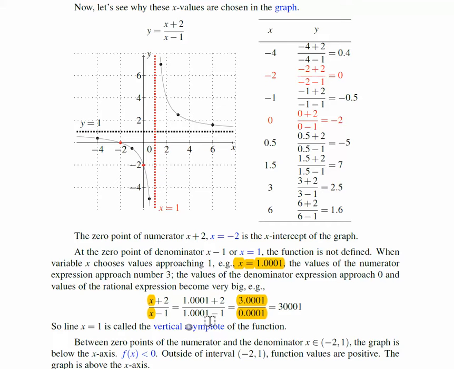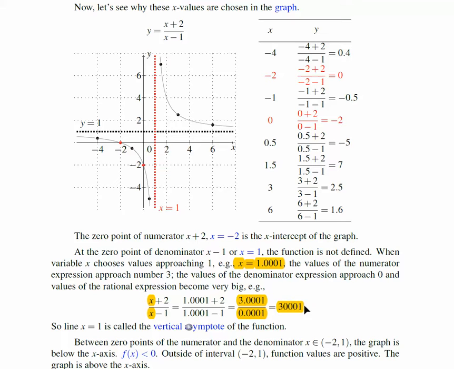Now you can see that 1.0001 minus 1, the denominator is very small, close to 0. And then this makes the whole value very big. So when x is close to the value 1 from the right-hand side, you have a very big value y.